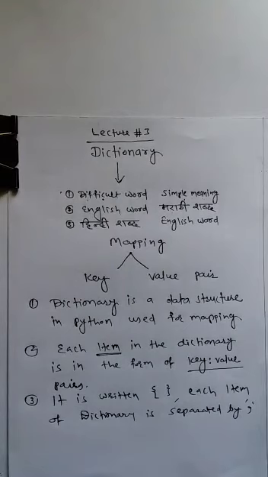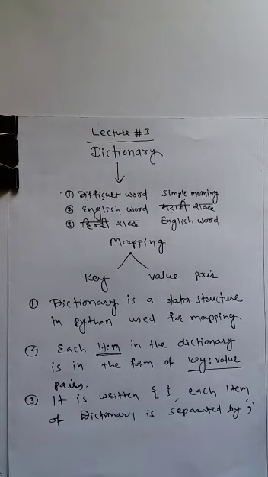Now to understand dictionary, let us take the example of this 11-lecture series. We have lecture 1, lecture 2, lecture 3. In lecture 1, the contents are string. For lecture 2, contents are list. For lecture 3, that is today's lecture, the contents are dictionary.